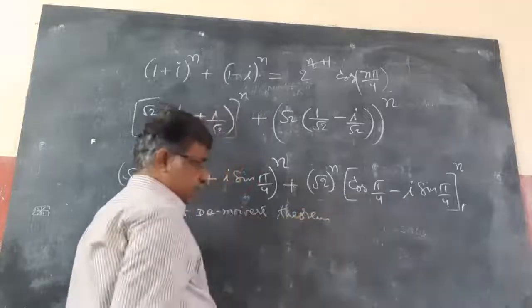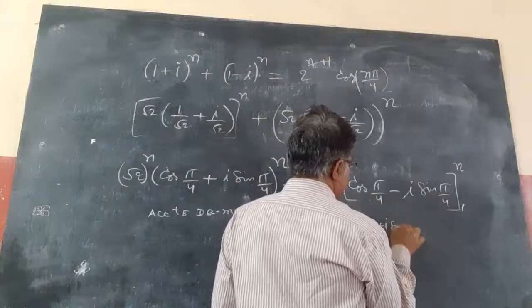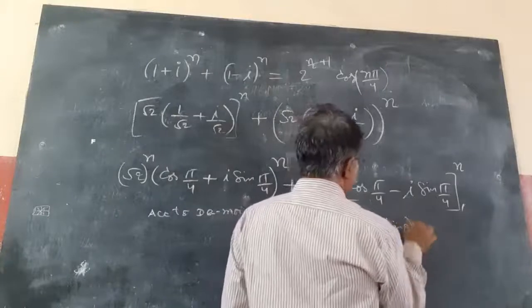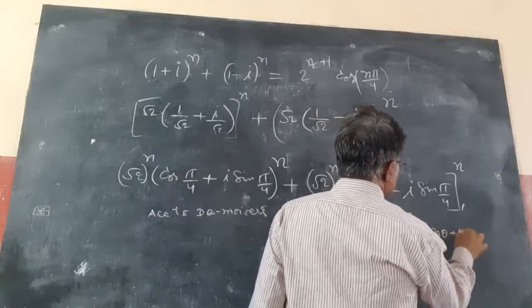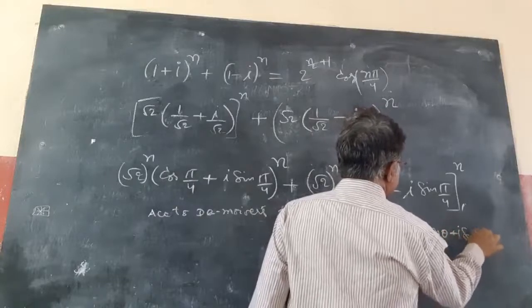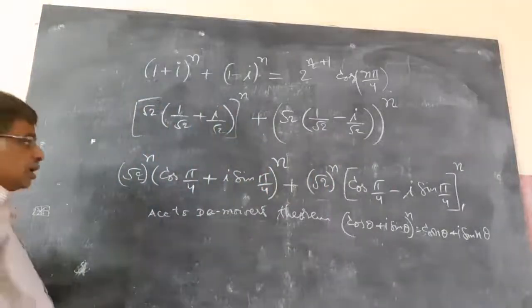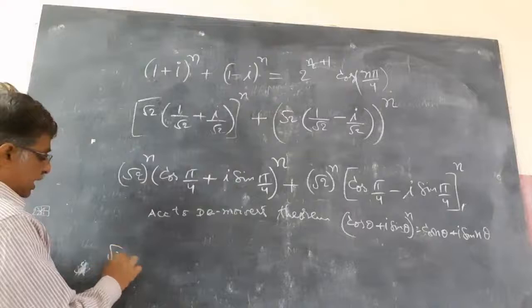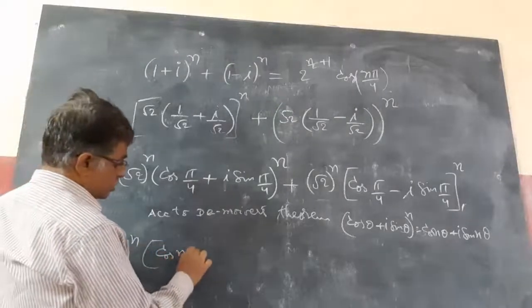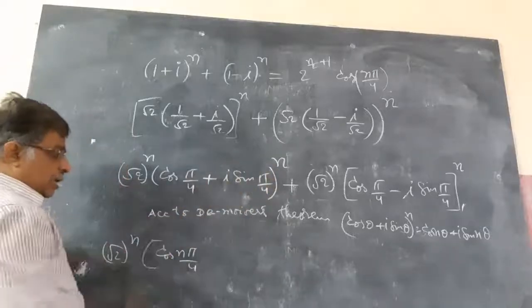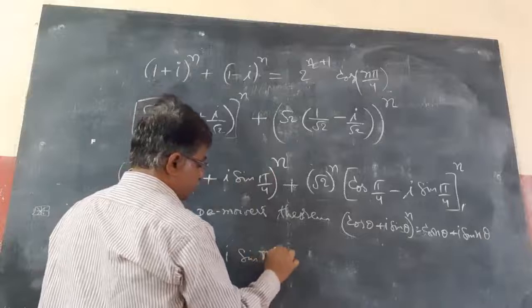Cos n theta plus i sin n theta means this is root 2 power n as it is. Now this becomes cos n pi by 4 plus i sin n pi by 4.